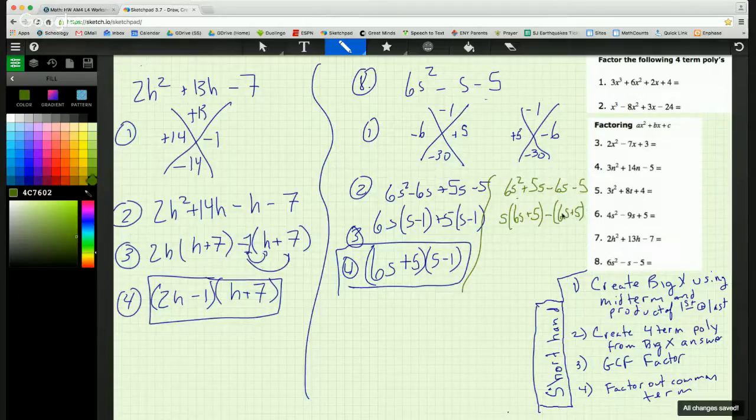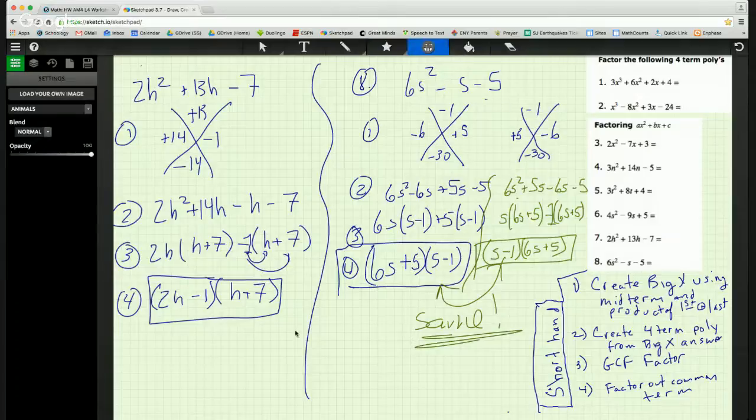All right, minus 6s minus 5. Okay, so that's step 3. And now my final one, and remember, this is kind of like a 1 in here. So I get s minus 1 times 6s plus 5. And notice, we get the same answer.